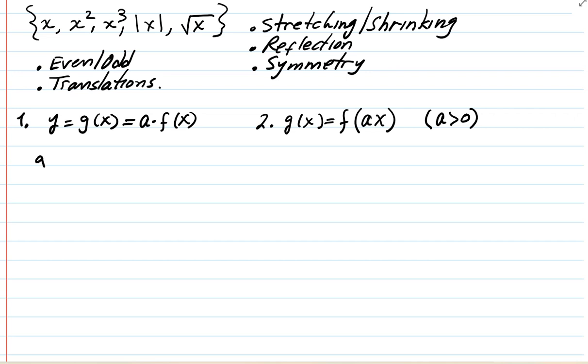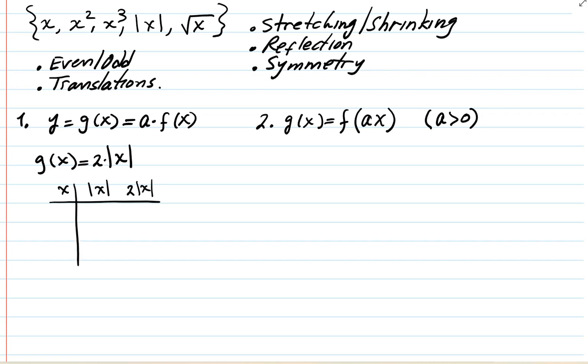But for now, let's say my g of x is 2 times my basic function, the absolute value function, something that we looked at in the previous section 2.6. Now, 2 times absolute value of x. Here's x, here's absolute value of x, here's 2 absolute value of x.